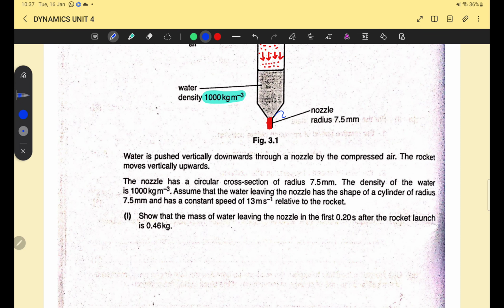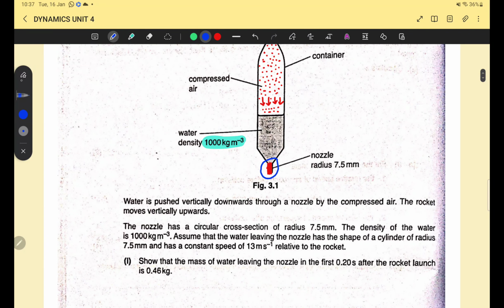if I draw this portion on a large scale, I am drawing this nozzle. When water is ejected out from the nozzle, you know that water is a liquid and a liquid takes the shape of the nozzle.